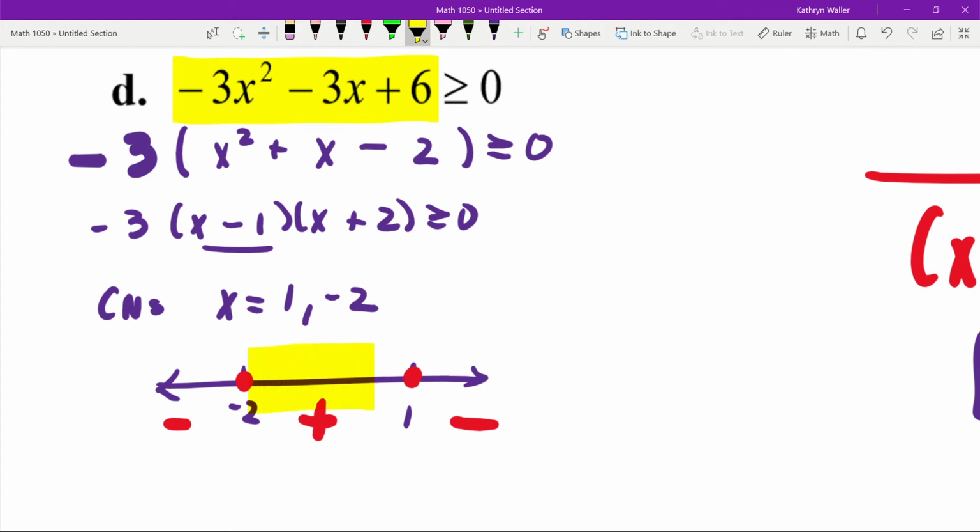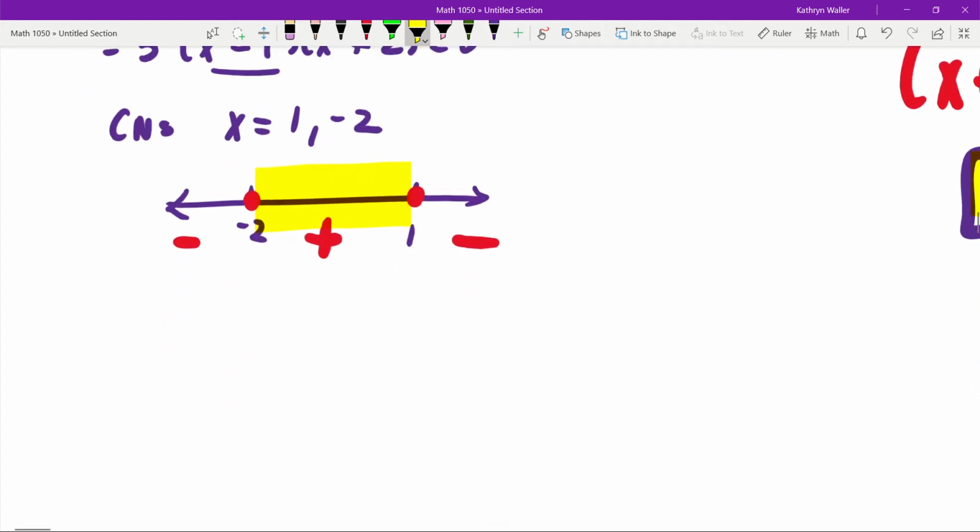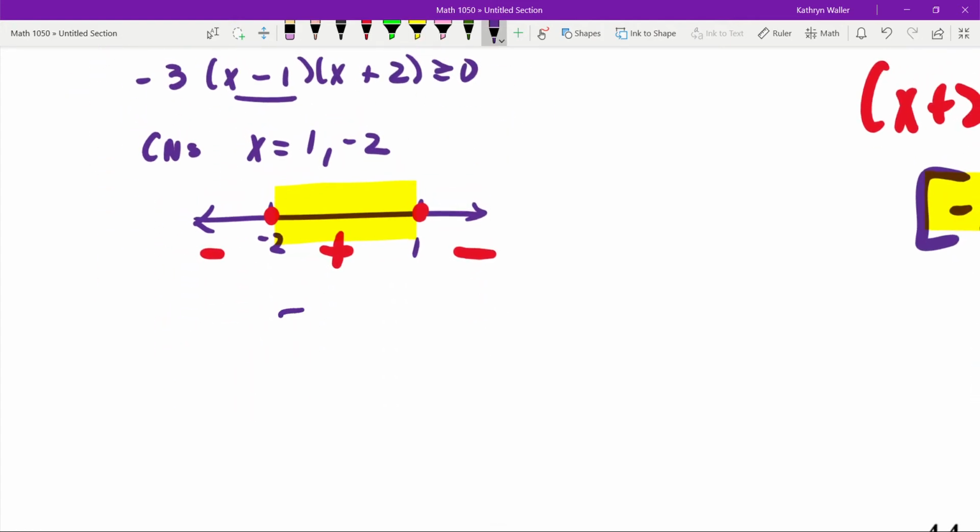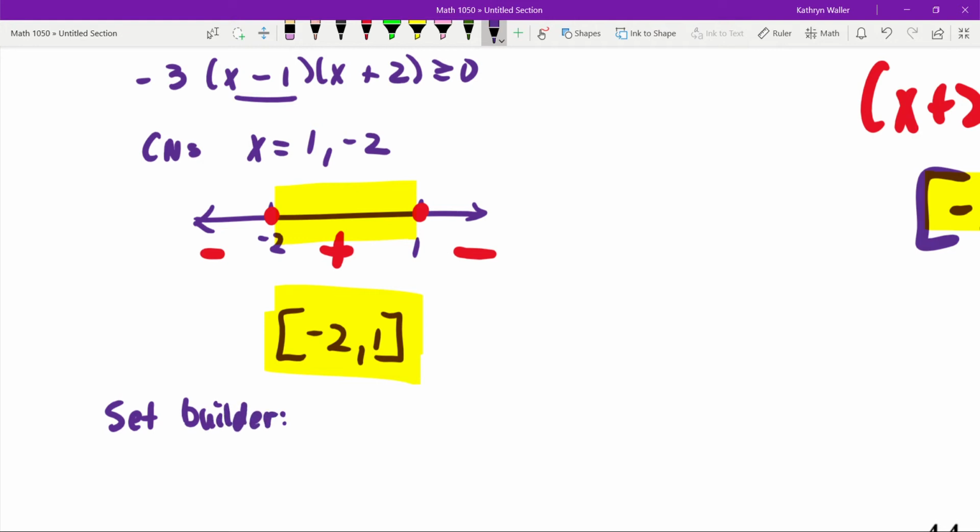So I'm looking here. In interval form, my answer is -2 with a bracket to +1 with a bracket, and that's my answer. Let me throw one thing at you right here. If they asked you to put it in set builder notation, those are the only two they really ever ask for, interval or set builder.